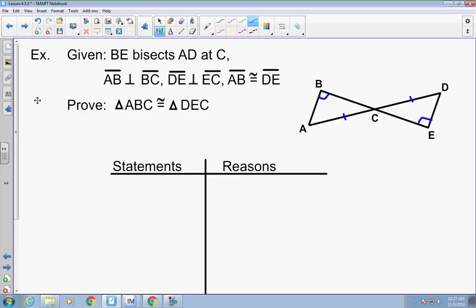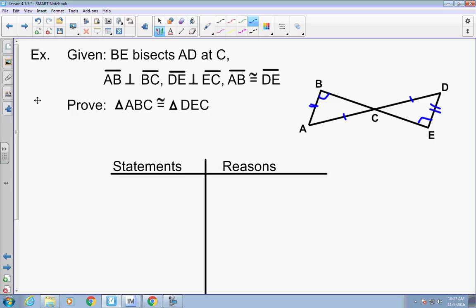It depends on what direction you're going with your proof. But this one we're probably going to do hypotenuse leg. So once we say that these are right angles, then I can say that these two triangles are right, by the definition of a right triangle. The definition of a right triangle says it's a triangle with at least one right angle. And then it tells us that AB is congruent to DE.